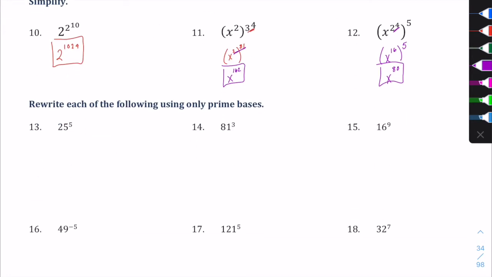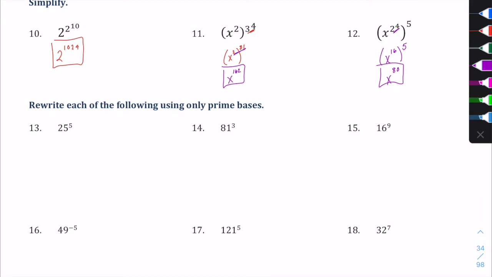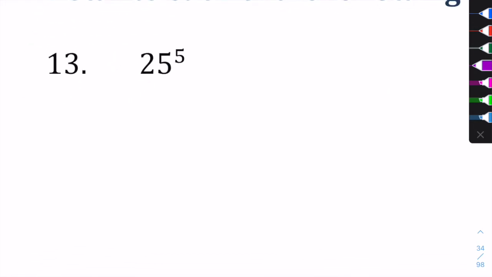In these next examples, we're going to be writing things with only prime bases. So right now, the base of this number is 25. We want it to be a prime number. 25, not prime. It's a composite. So if we just look at the base itself for a second, 25. Well, 25 is 5 times 5, or 5 squared.